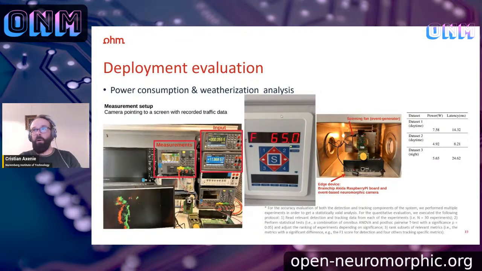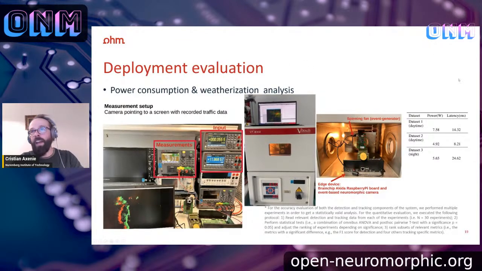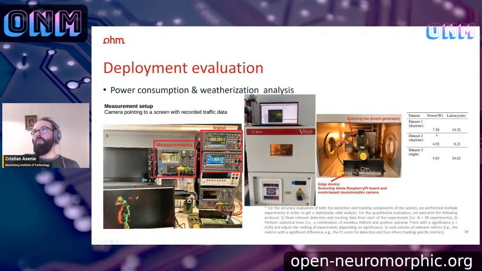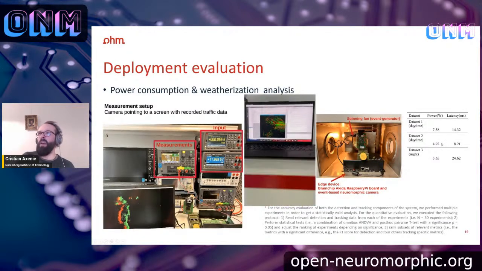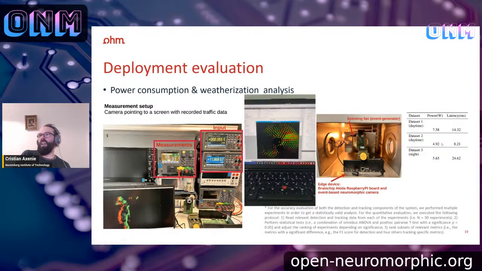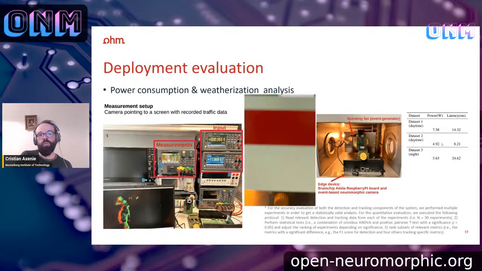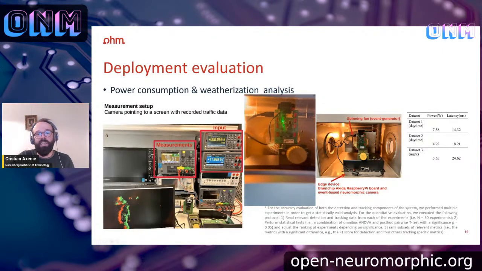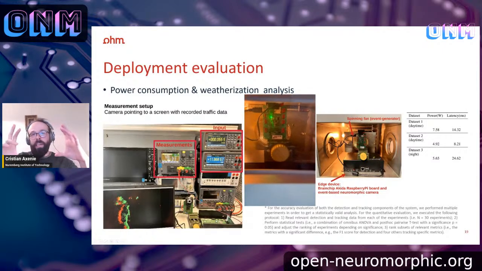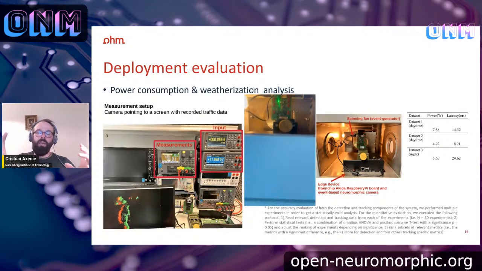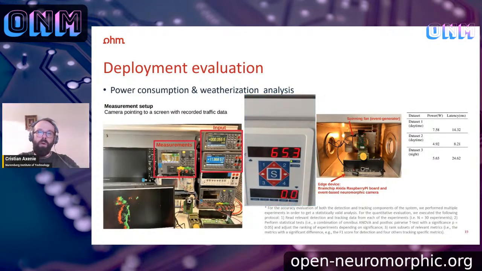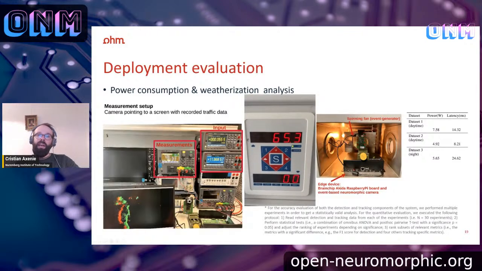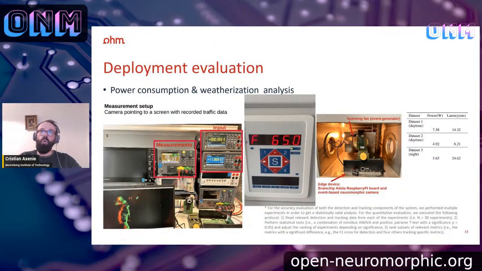But the power they drew was not that high. We measured an average of around 6 watts, and this is wall power. So we measured the power consumed by the entire Raspberry Pi carrier and the BrainChip Akida, the current drawn by the whole board.